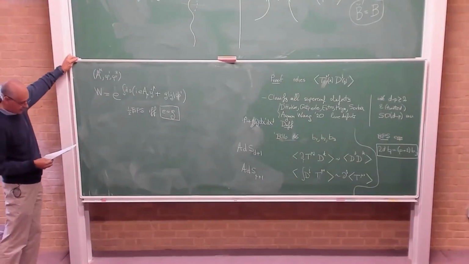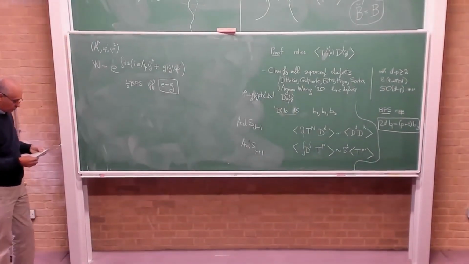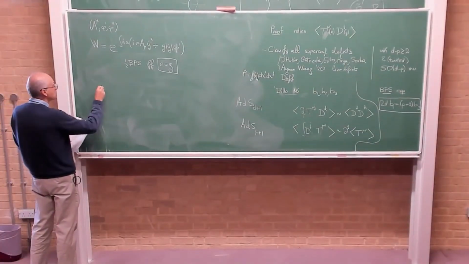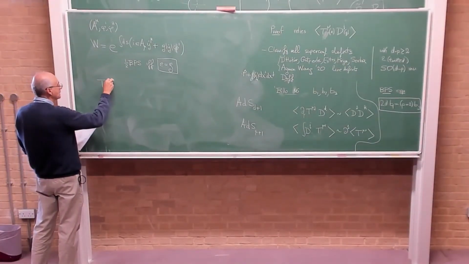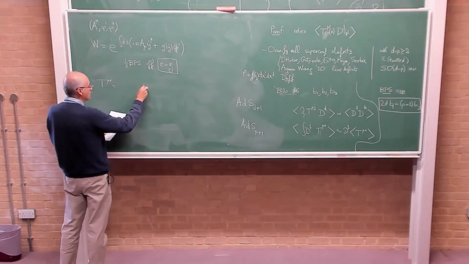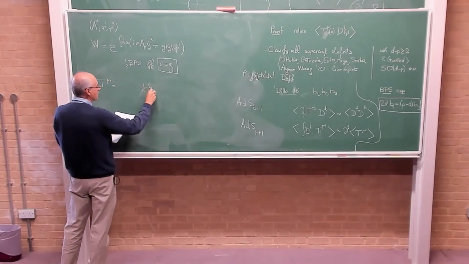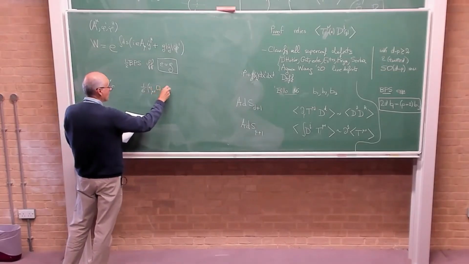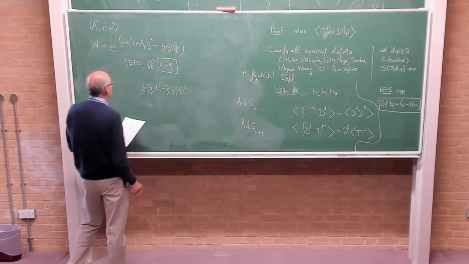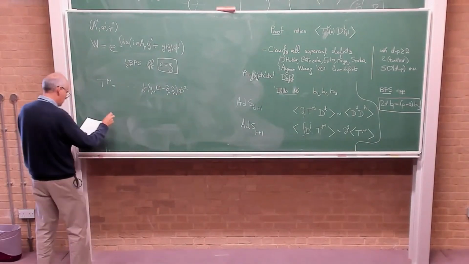Okay, now here, it's straightforward to compute everything. So T mu nu, I don't have to write it down. It has the improvement term 1/6 eta mu nu box minus d mu d nu of phi squared. And the rest is the known things.